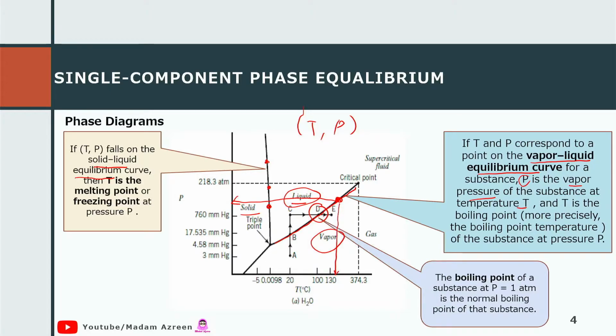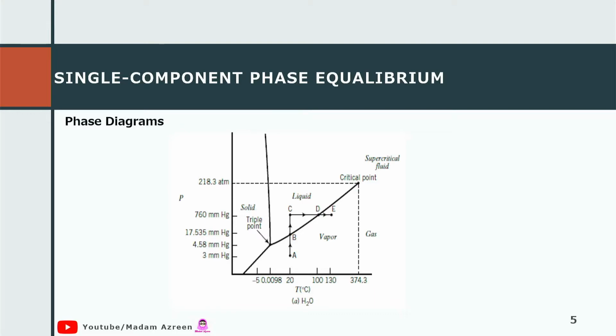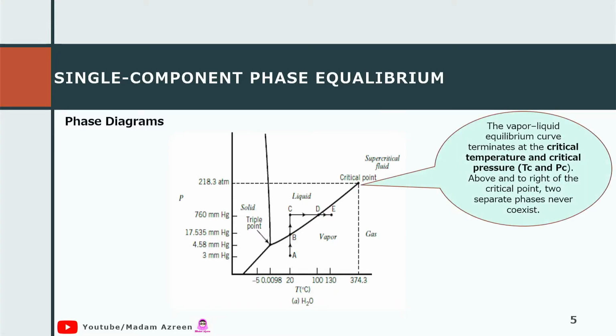Next we have the critical point. Last time when we did some calculations, we considered the values of TC and PC, which we can see in a table. The values of critical pressure and critical temperature can be found in Table B3, if I'm not mistaken.